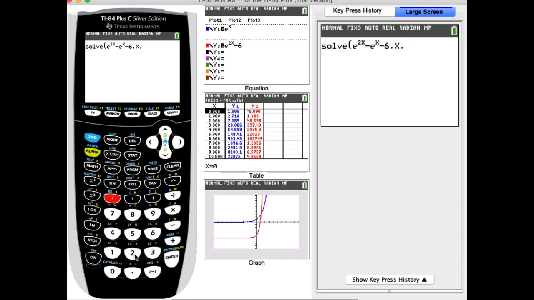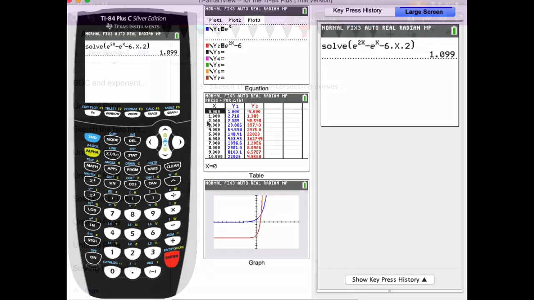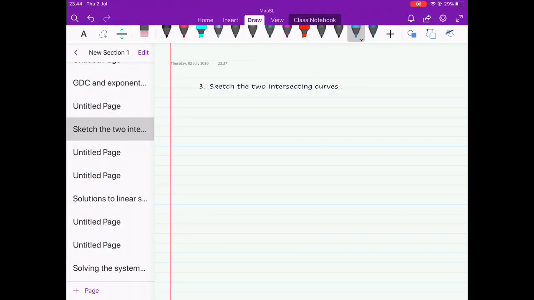Now we have to choose this guess value very carefully, looking at the range and domain of the function. Any approximate value, so let's say I enter 2 and close the bracket, enter. Both the curves should be defined for this. So the answer is 1.099.